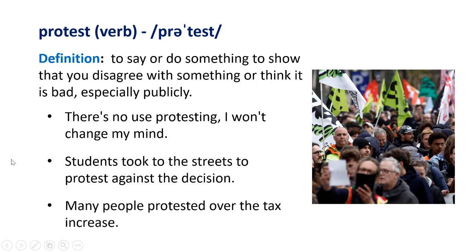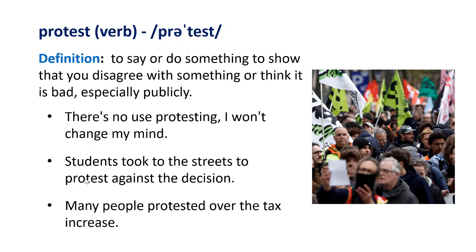And for the final example, we use the word protest like this: Many people protested over the tax increase. So for these people who are doing business, they have a store to sell books or to sell flowers and all those electronic devices, right?